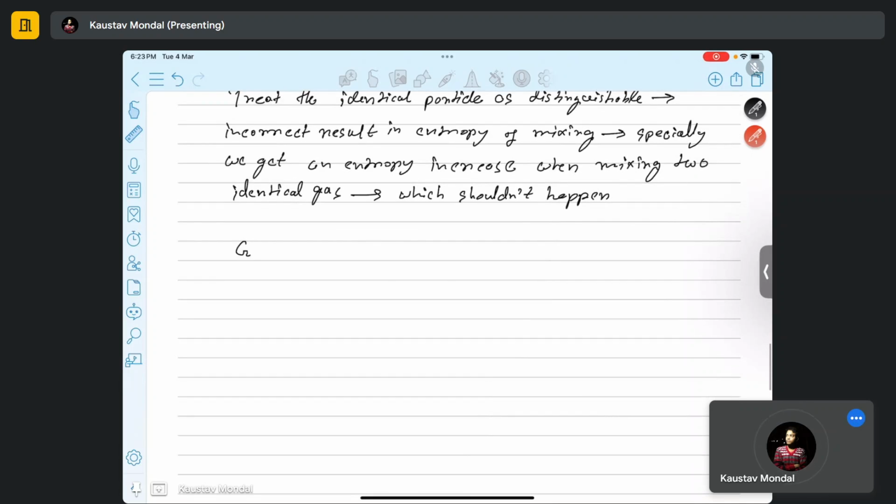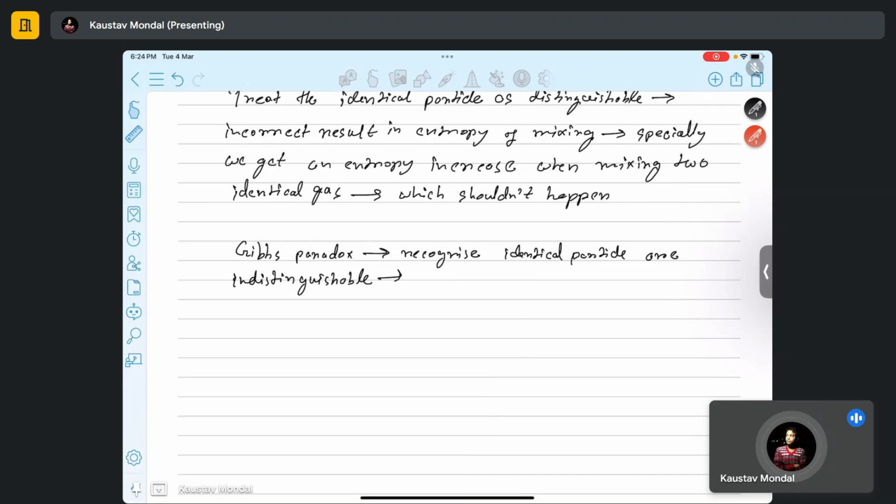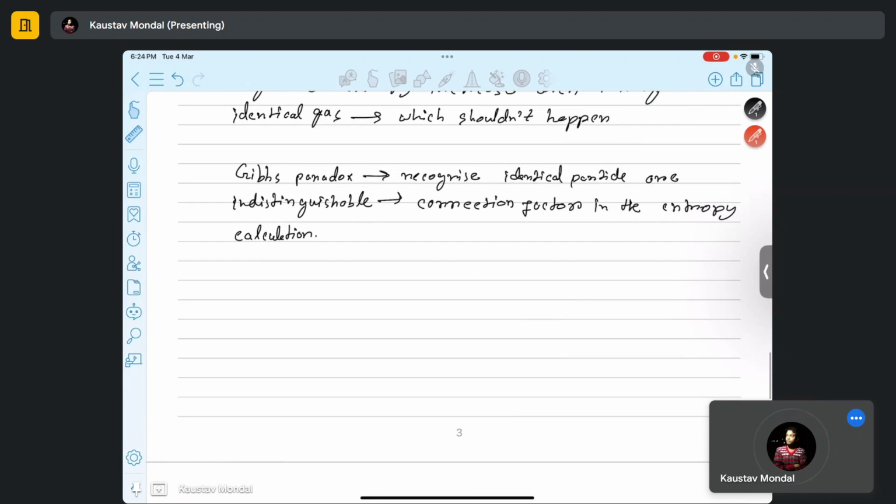Now this Gibbs paradox recognizes that identical particles are indistinguishable, and this basically leads to a correction factor in the entropy calculation, which ensures zero entropy of mixing.